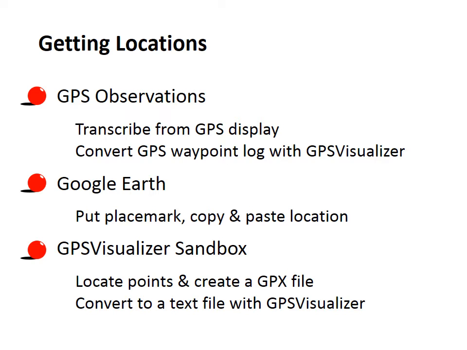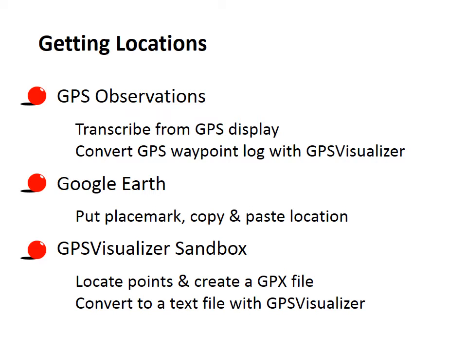An alternative is to mark the location as a GPS waypoint. This will save the location in a file, along with all of the other waypoints that you mark. GPS Visualizer has a tool that lists the latitudes and longitudes of all of the saved waypoints and helps you extract these values. You can also use Google Earth, with its satellite imagery, to find locations.